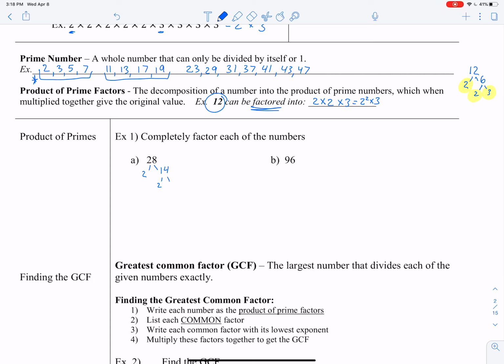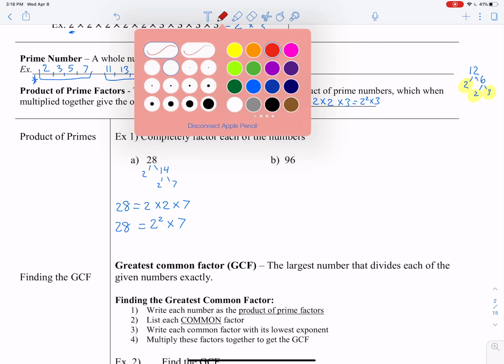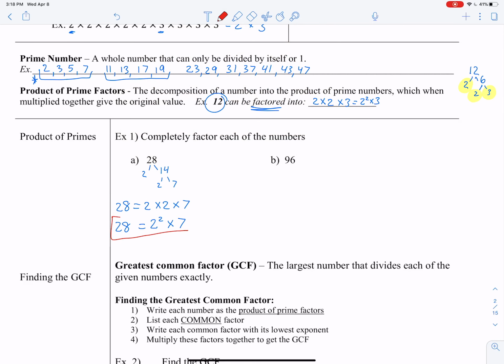Took out a 2 and I'm left with a 7. So if I was going to write 28 as a product of its prime numbers, I write 2 times 2 times 7. And if I wanted to simplify that, I could write that as 2 squared times 7. And this would be my final answer for my product of prime numbers for 28.